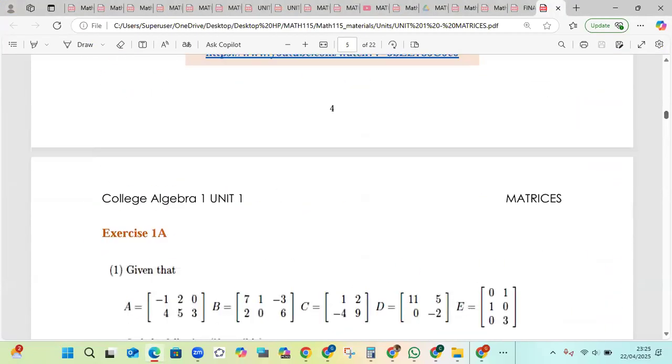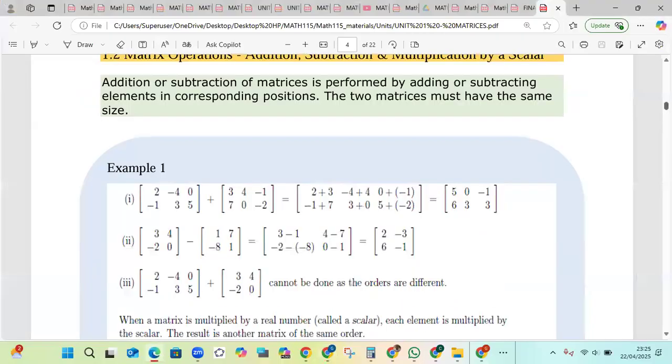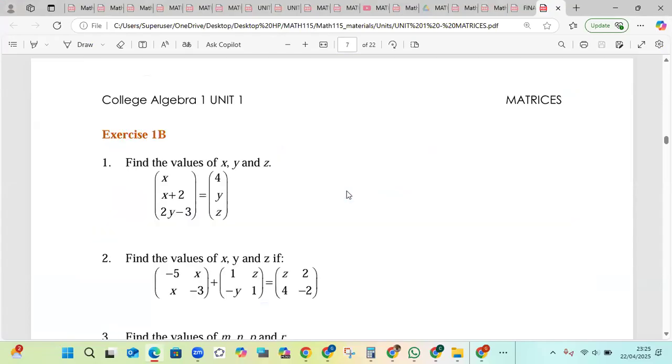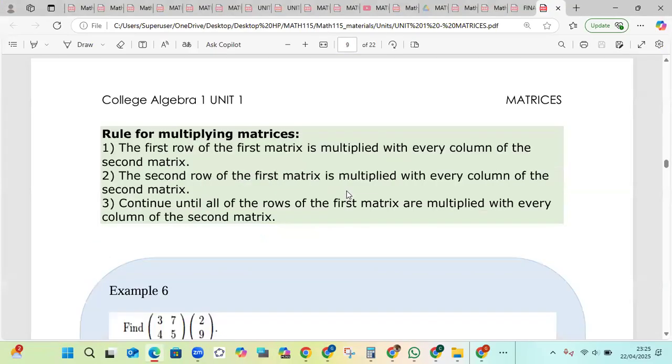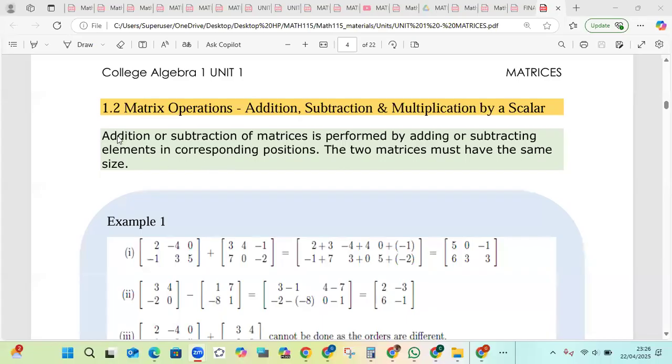So it's not just the equal matrices section alone, we have to employ adding of matrices. Here it is written, addition or subtraction of matrices is performed by adding or subtracting elements in corresponding positions. The two matrices must have the same size.